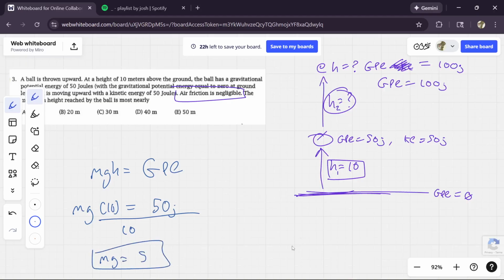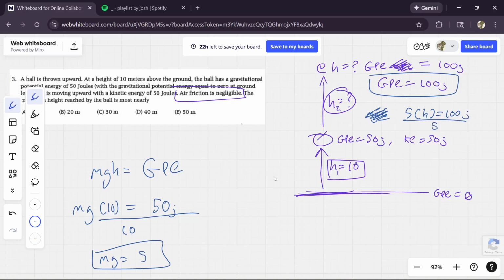So knowing that the mg of the ball is equal to 5, if we just plug that in up here, we get 5h is equal to 100 joules.